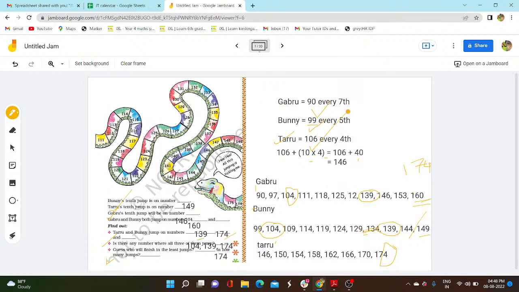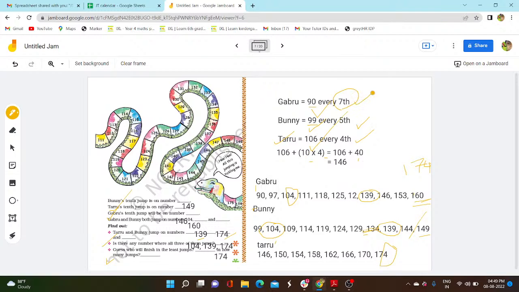So here for the third question, it would be Gabru who will finish in the least number of jumps. Let's see how. Gabru is at 90 and he is taking jumps in 7s. So can you see he is taking jumps in the biggest amount. Bunny is taking jumps in 5s, Taru is taking jumps in 4s, but Gabru is taking jumps in 7s.